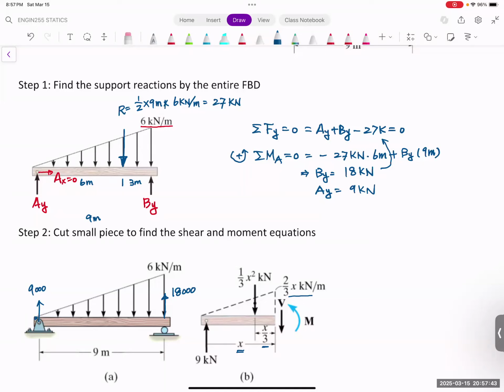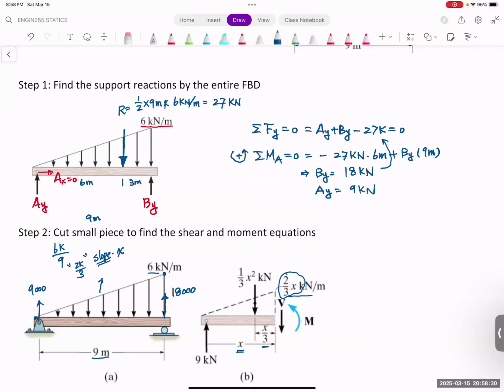You can think of this as 0, and this is the highest point, and we need to find this. This line here is going to be some kind of slope times x. But how do you find the slope? The slope is going to be y over x. Your y is this one, your x is this one. So this slope is going to be 6,000 divided by 9, which is equal to 2k divided by 3. And that is why we have this one right here.